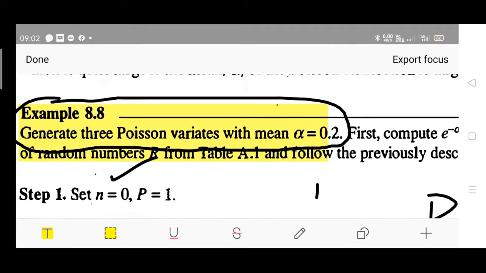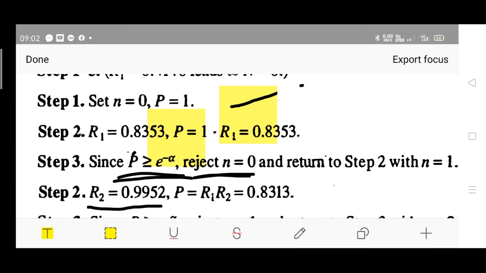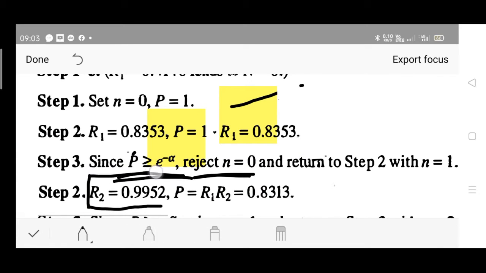So a new random number you are supposed to generate. We have to call it r2 because n is replaced by n plus 1 because of rejection. So r2 is given as 0.9952. With 0.9952, you generate the new value of p. What is the new value of p?